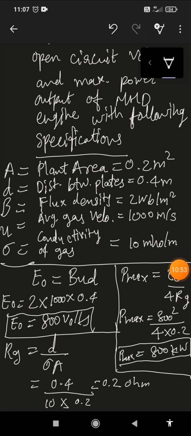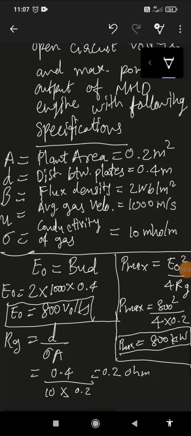Now we'll see a few of the advantages and disadvantages of MHD power plants. So what are the advantages and disadvantages? Advantages of the MHD power plant.